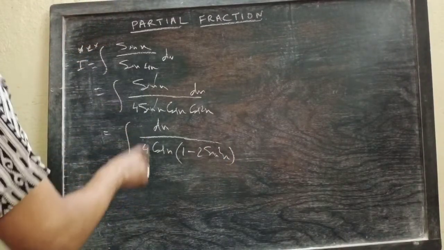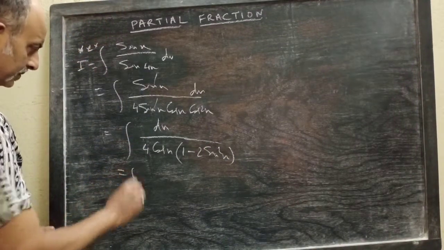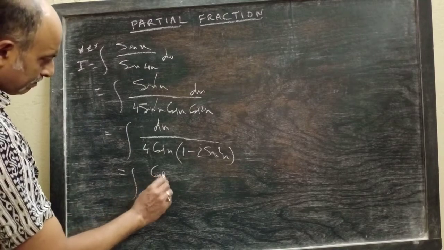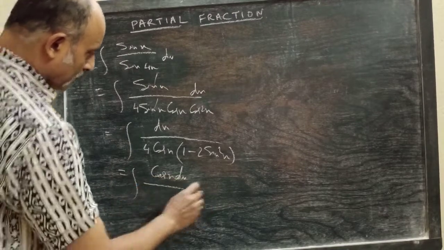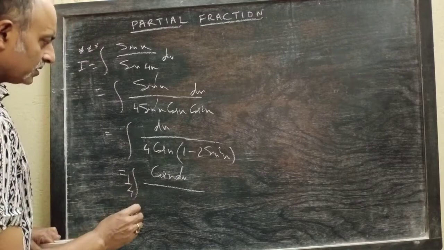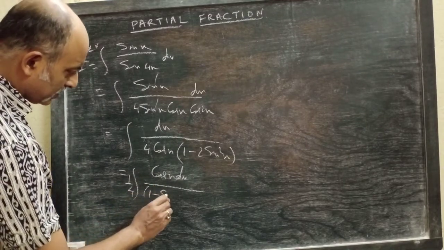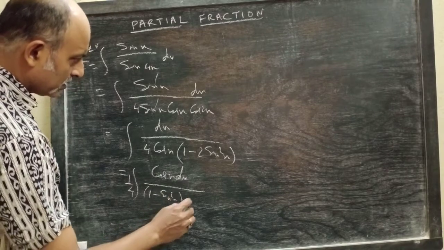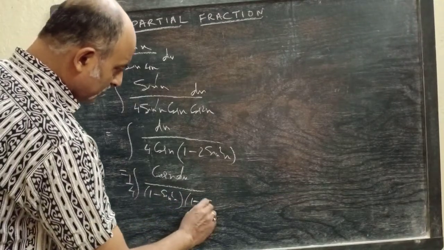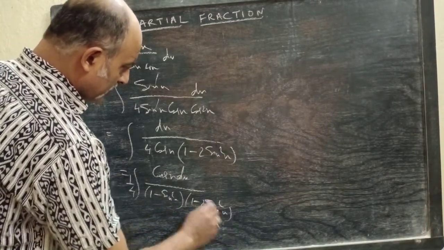Now I am multiplying both numerator and denominator by cos x. 1 by 4 written outside. This is cos square x. Cos square x means 1 minus sin square x, into 1 minus 2 sin square x.